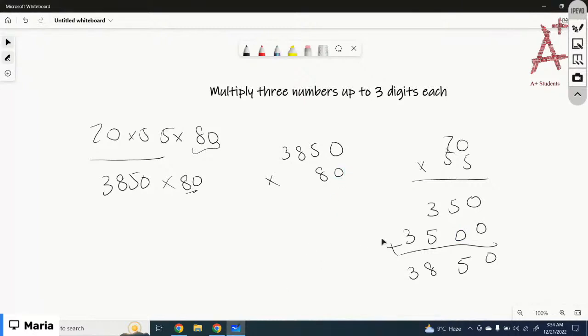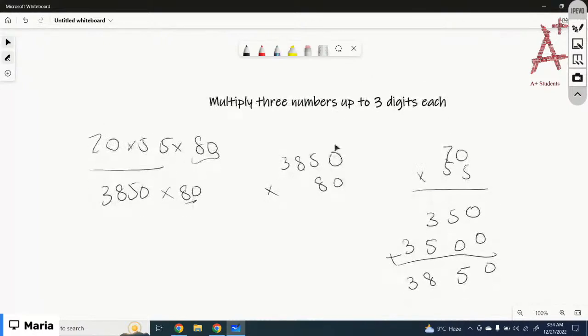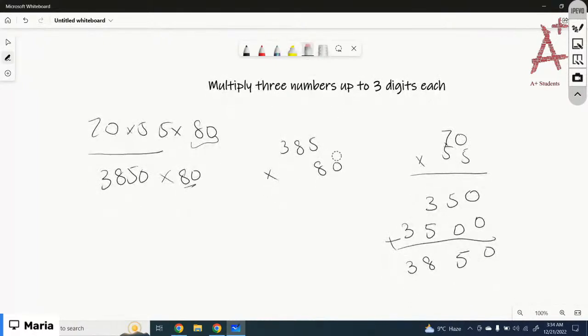Then we can add zeros later, because we know how to multiply numbers with zeros. 8 times 5 is 40, 0 and 4 carry. 8 times 8 is 64 and 4 is 68, 8 and 6 carry. 8 times 3 is 24 and 6 is 30. We have two zeros already that we removed, so just add them.